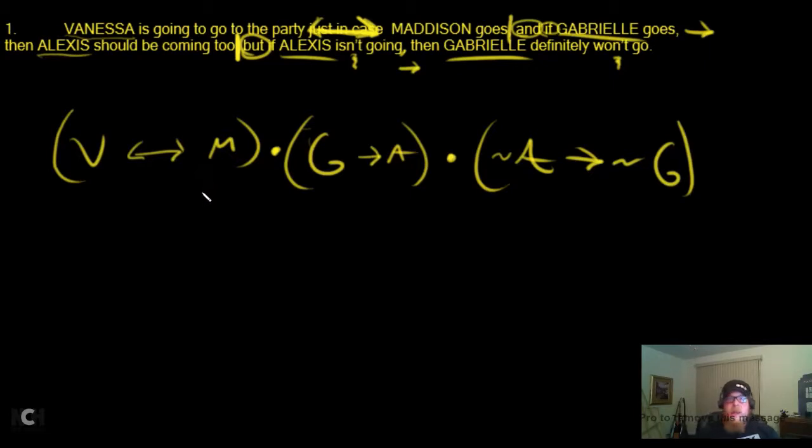Is it dyadic? Nope. It's triadic. Look, we got this and this and this. So 3 parts. But look, it's actually all connected by ands. So what we need to do is some grouping around this, but it doesn't matter what we do. So we can put brackets here and here.